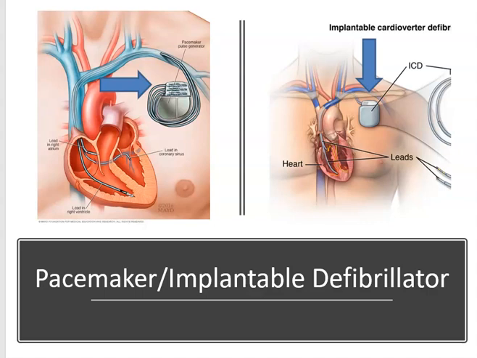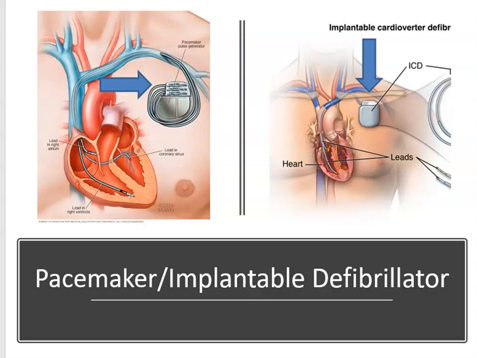The single chamber pacemaker includes a pulse generator and one electrode, hence single chamber, because the lead, the electrode, the wire, is going to be inserted into either the atrium or the ventricle. Typically, not always, it is the right ventricle of the heart that is used for this procedure.